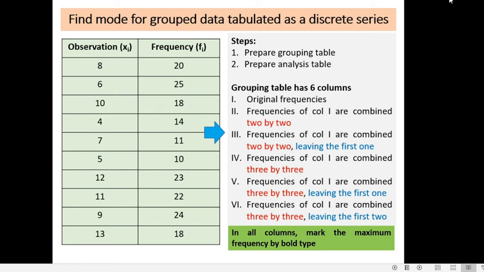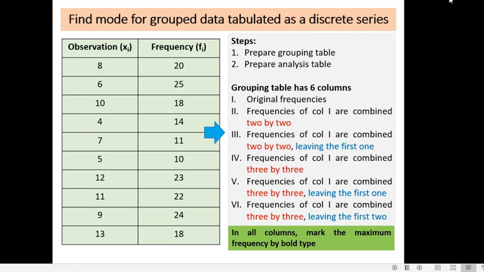In the second column, we will combine the frequencies of column 1, 2 by 2. That means 20 plus 25, 18 plus 14, 11 plus 10, 23 plus 22, 24 plus 18, like that. So that is how we write values in column 2.